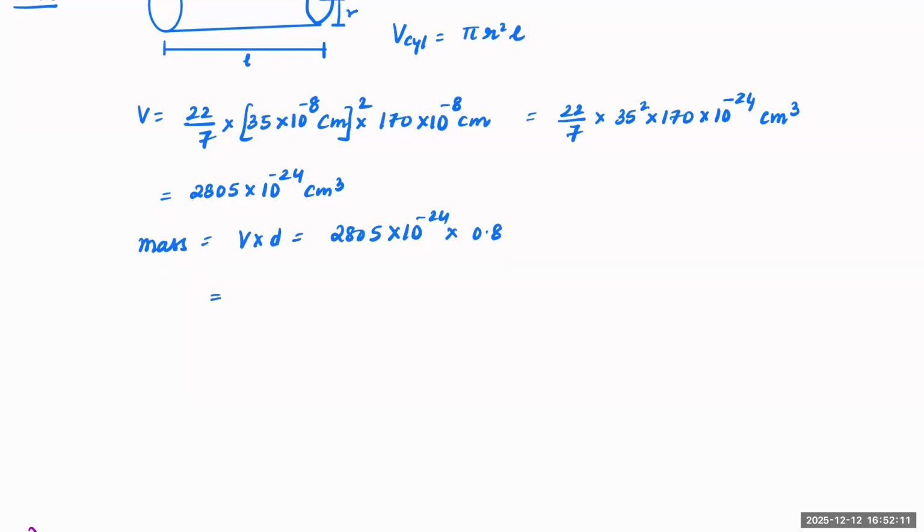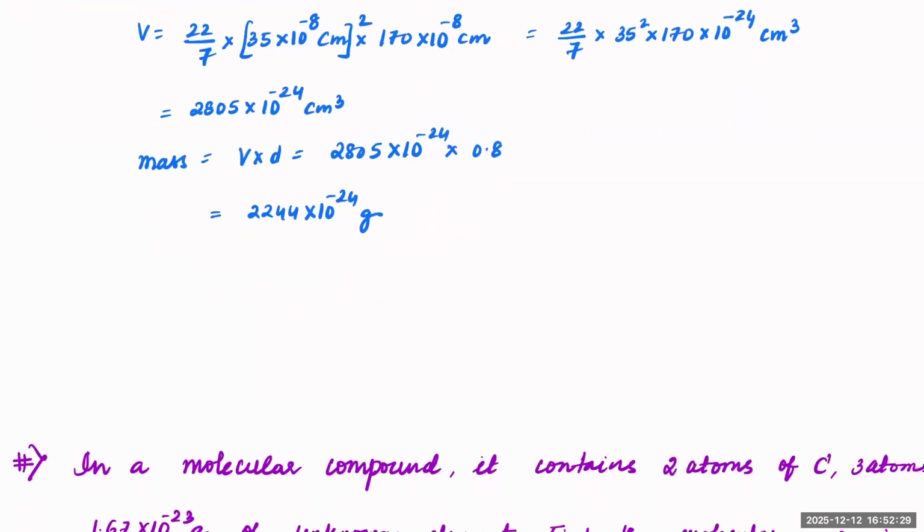So this is coming as 2244 into 10 raised to power of minus 24 grams. Yes, sir. Now you got the mass. Can I say that this is the mass of one virus molecule?